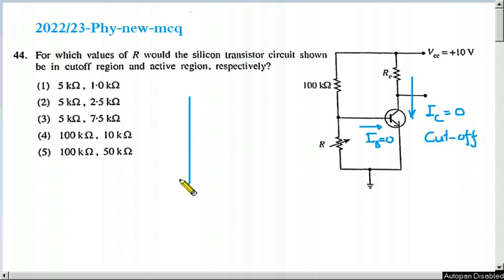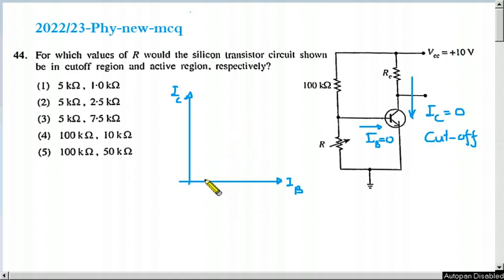Because you know the graph between IB and IC. If IB is 0, the collector current is also 0. If IB gradually increases, the collector current also gradually increases.